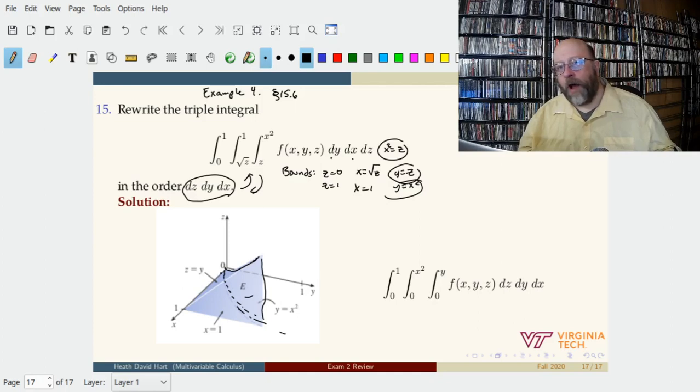Z equals y is just a flat plane. When z equals 0, y is equal to 0. When z is equal to 1, y is equal to 1. That's this point here. It's kind of hard to tell. But there it goes, z equals 1.